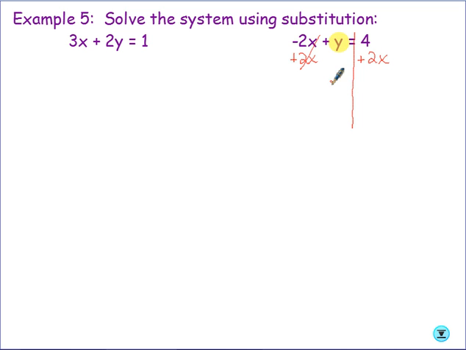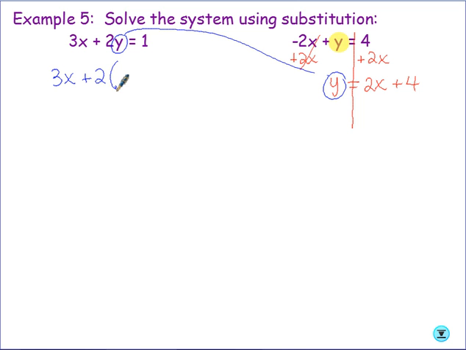That leaves you with y equals 2x plus 4. Y is by itself. Step 2, connect the dots. Y connects with y. Looks like 3x stays plus 2 stays.